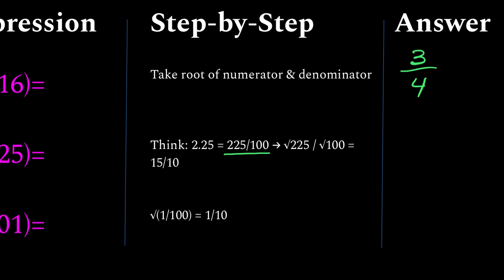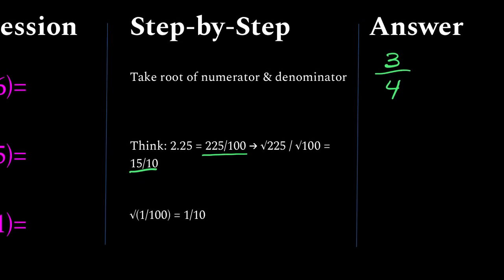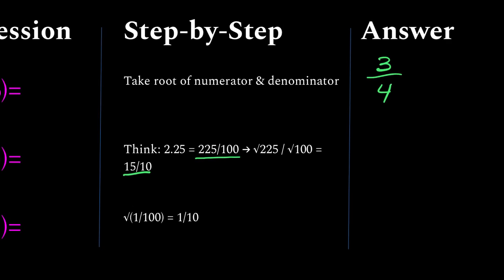The first one is easy: 225 ends with 5, so what number multiplied by itself will end with 5? Something with 5. Therefore, that will be 15 over 10. Now we can simplify this and rewrite it as a decimal, meaning 15 divided by 10 will equal 1.5.